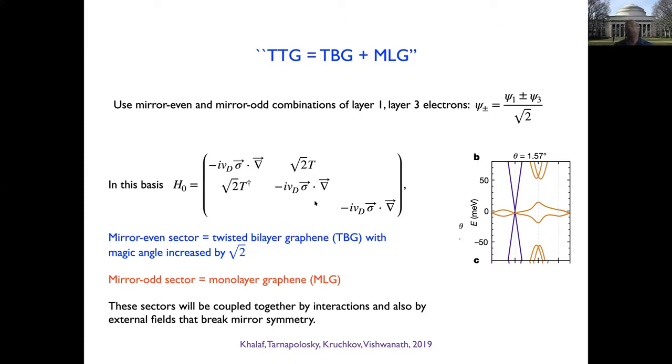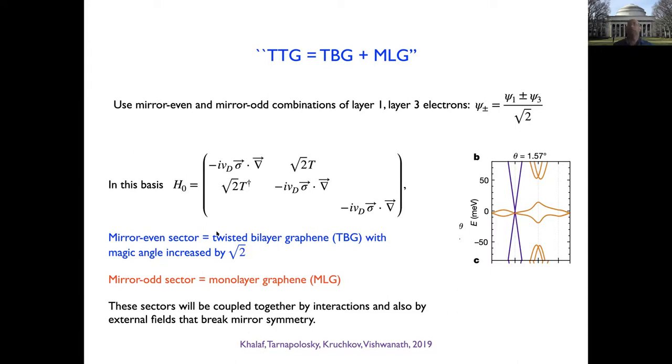And this 2x2 block decouples from the mirror odd sector, which is just described by the same Hamiltonian as ordinary monolayer graphene. So this factor of square root 2 means that the magic angle for this block is increased relative to that of standard twisted bilayer graphene by a factor of square root 2.